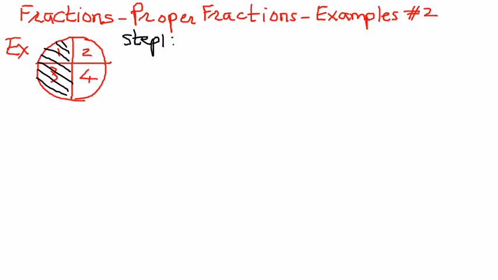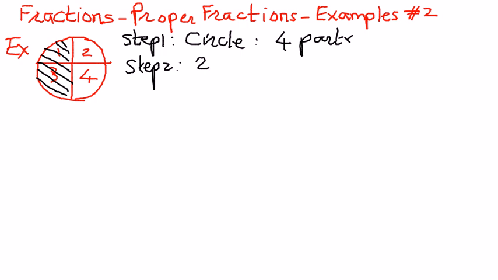Step number 1. The circle has 4 parts. This is a circle, and this has 4 parts to it, as we have seen. In step number 2, the thing we want to recognize is 2 out of 4 parts is shaded.